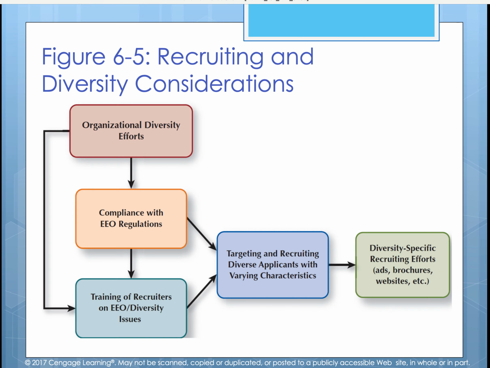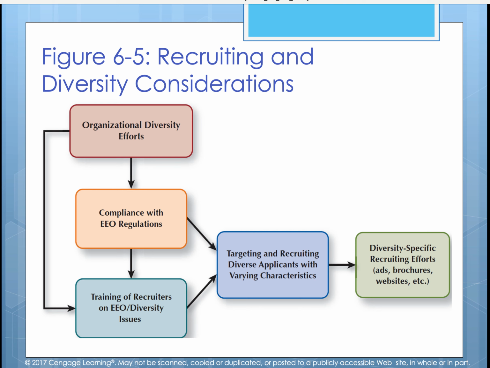Now, when we look at Figure 6.5, all of this is just showing you the visual of what I just said. It's just giving you a picture, an image, so that you can see how they all factor in: the diversity efforts, how they're tied into the training on those issues, how they feed into compliance with the regulations of EEO, and how, of course, the compliance factors into training.